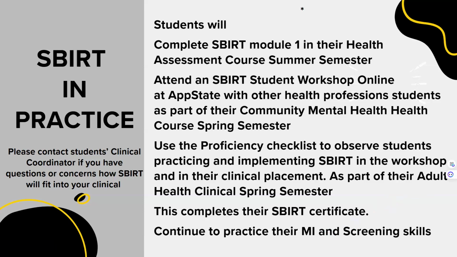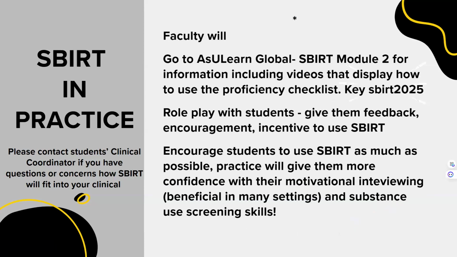And then as they continue their practice and complete their SBIRT, they receive that certificate. That doesn't mean that this should end their junior year. I hope that they continue to practice their skills throughout their senior year, and that's why we're sharing this with all faculty, so you're aware of how this is across our curriculum.